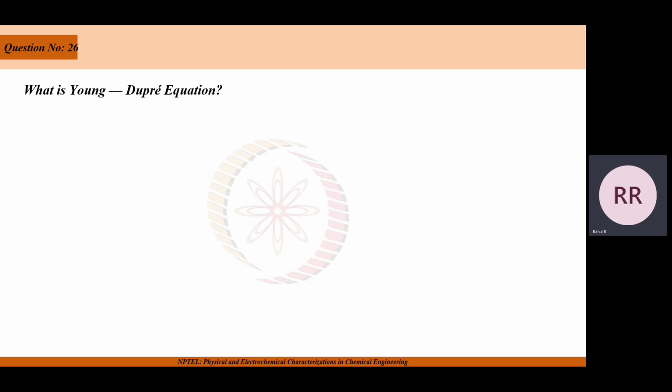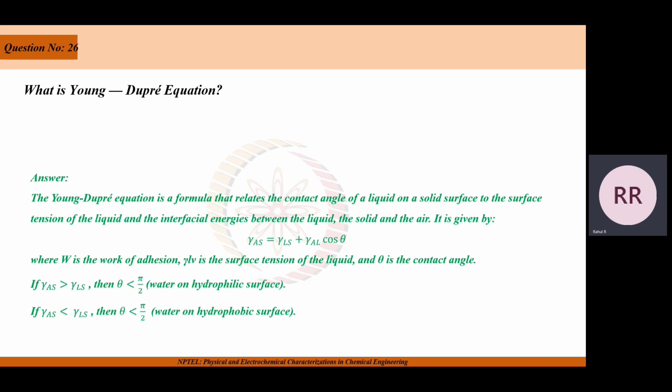This question is with the equation. So let me not waste the time. The equation relates the contact angle of a liquid on a solid surface to the surface tension of the liquid and the interfacial energies between the liquid, the solid, and the air. It is given by gamma, the surface tension of air and solid, liquid and solid, air and liquid, and this is the contact angle theta.